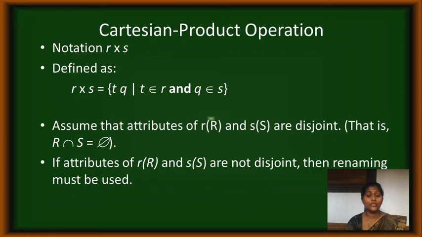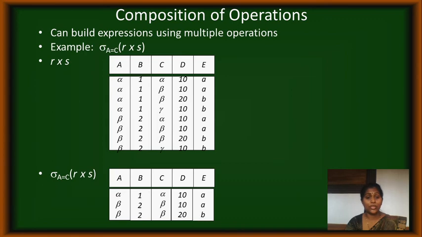Assume that the attributes of R and S are disjoint. Then the intersection will be null, which means both are of different types. If the attributes of R and S are not disjoint, then renaming must be used. The composition operations we are going to use here.